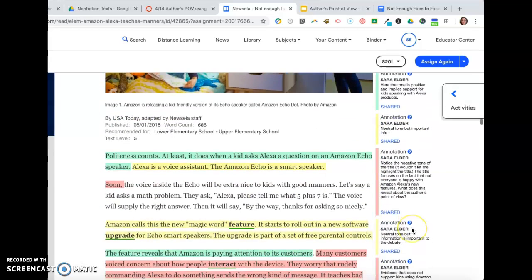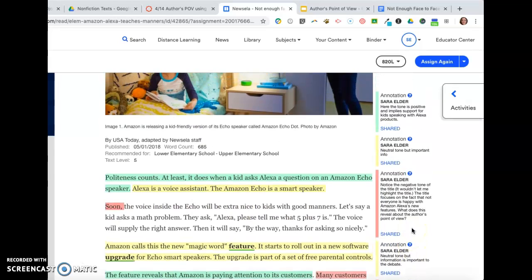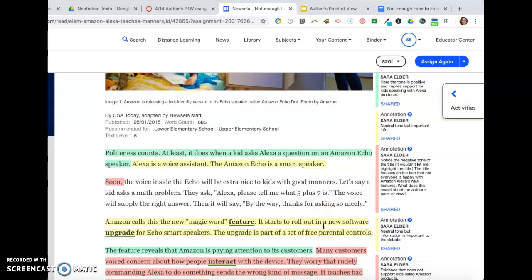So throughout this article, I highlighted text in green if it supported kids' use of Alexa products. I highlighted text in yellow if it gave information about Alexa products that was used in neutral tones.